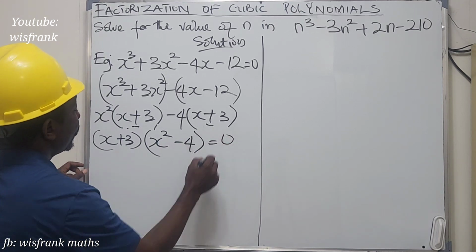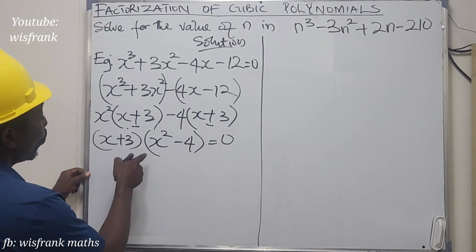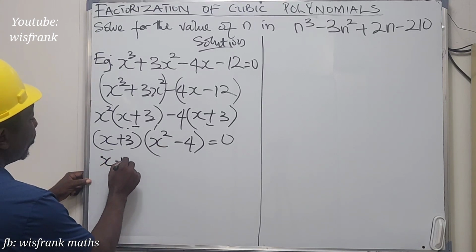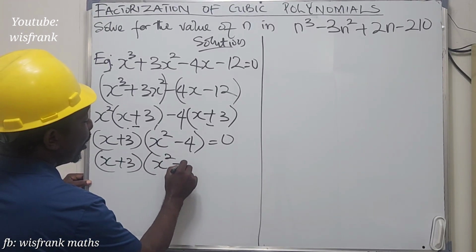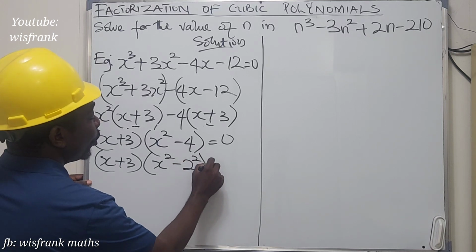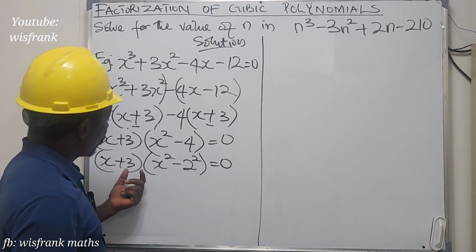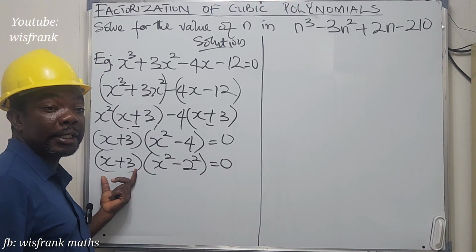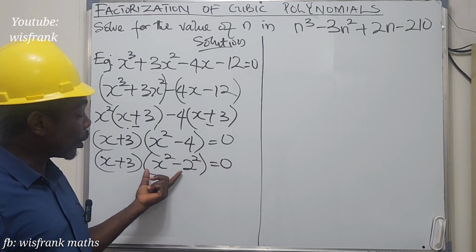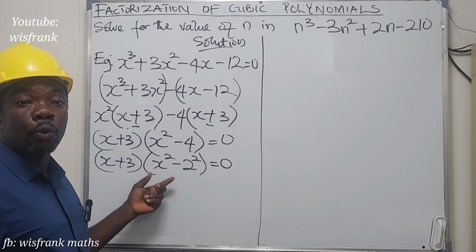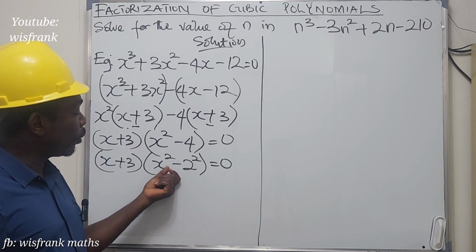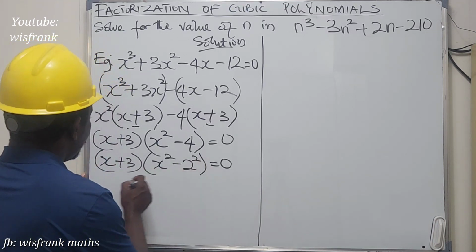This is equal to 0. In this case, we have x plus 3 into x to the power of 2 minus 2 to the power of 2, all equals 0. The second one is still a quadratic expression, a difference of two squares.